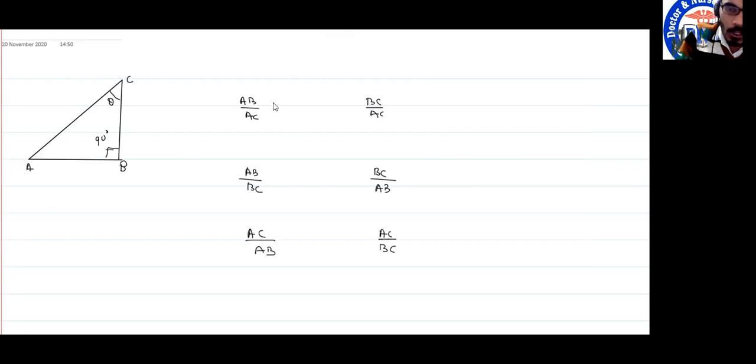So these are the maximum ratios possible in any triangle. Maximum 6 ratios are possible. More than that, you cannot make.